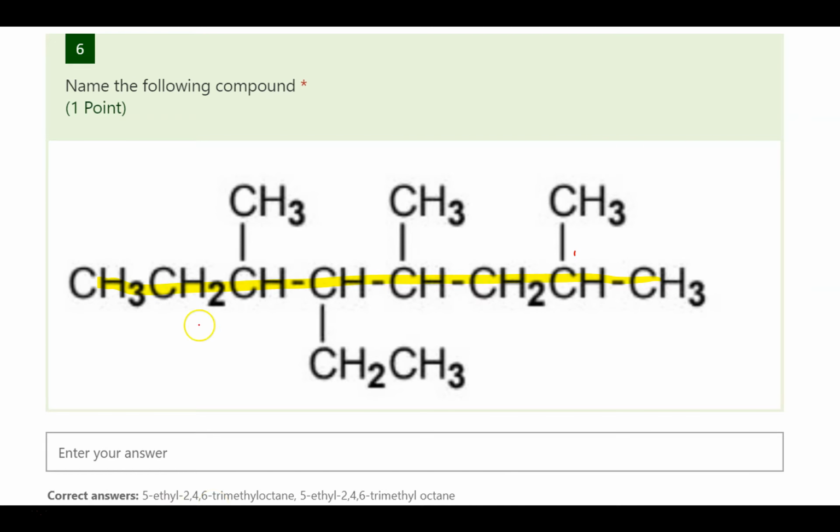What it should be, that's what was confusing me there. It should be 2, 4, 6-trimethyl octane, because there's 5 again. No other functional groups. But this should be a 3-ethyl. So it should be 3-ethyl-2,4,6-trimethyl octane.